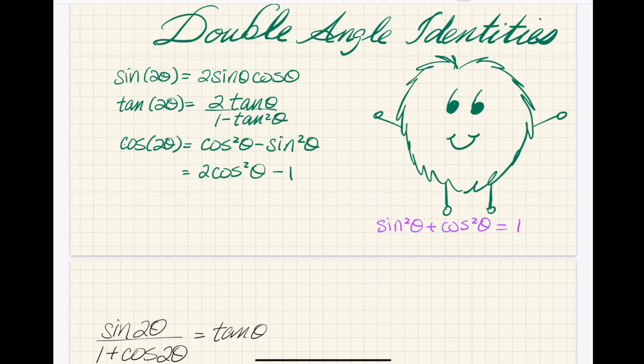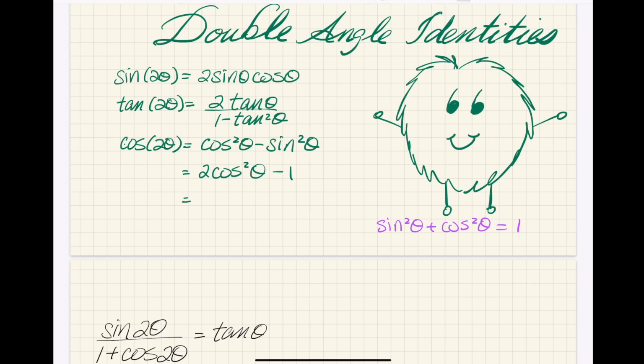So again, we're going to be looking back at the form of this double angle identity that we have memorized, and we're going to take out the cosine squared, remembering that with this Pythagorean identity, if we subtract both sides by the sine squared theta, then we're going to have 1 minus sine squared.